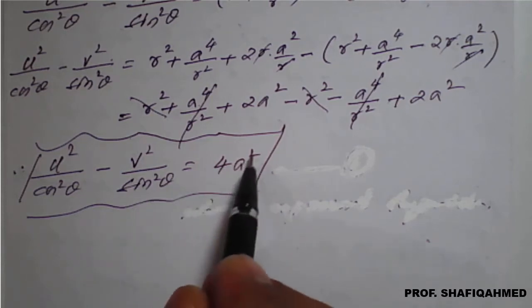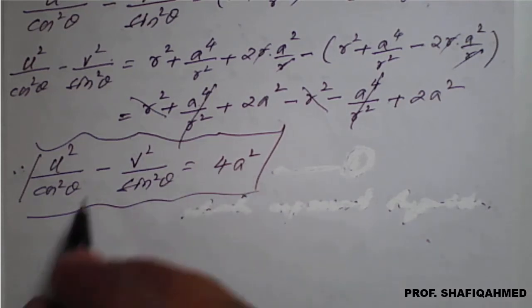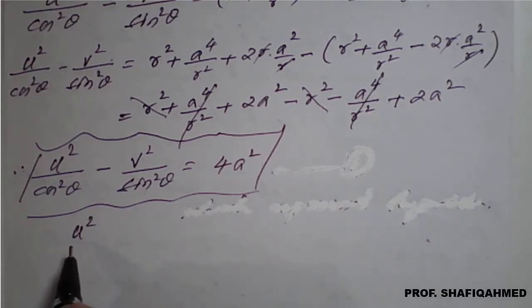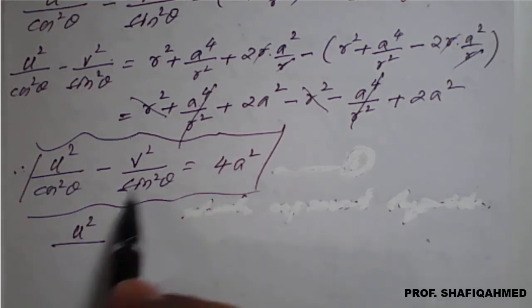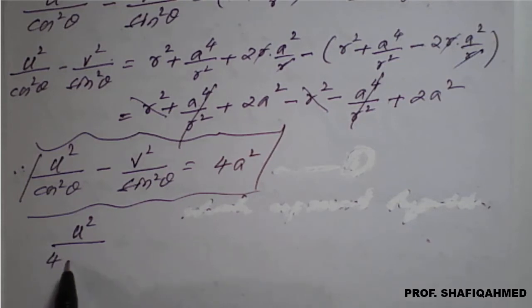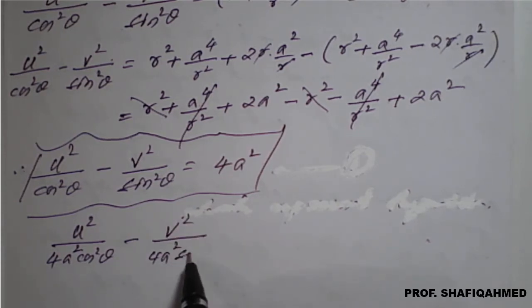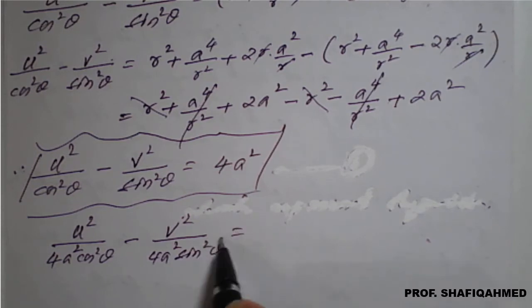So 4a square will shift to the left hand side. So it will become u square divided by 4a square cos square theta minus v square divided by 4a square sin square theta equal to 1.